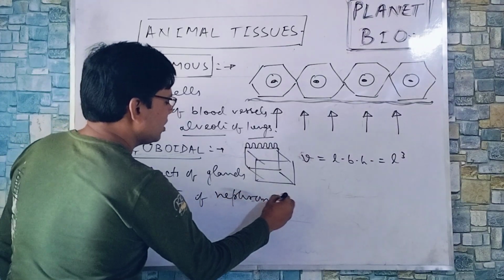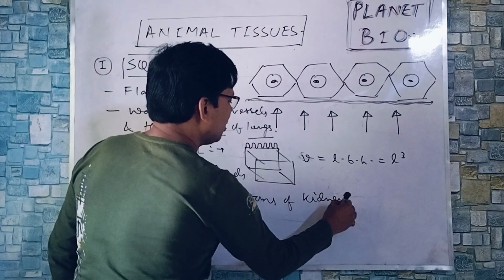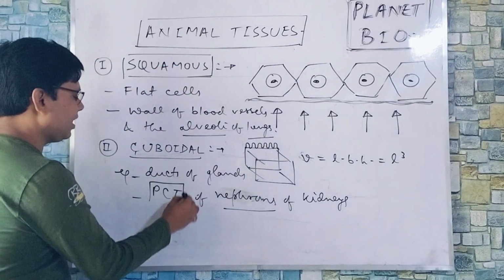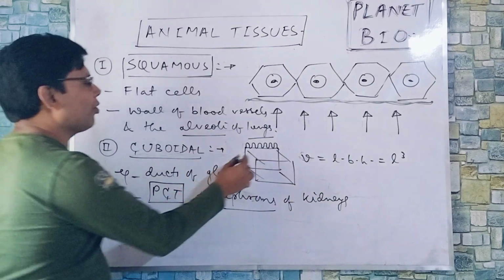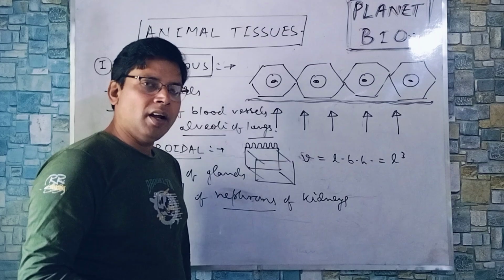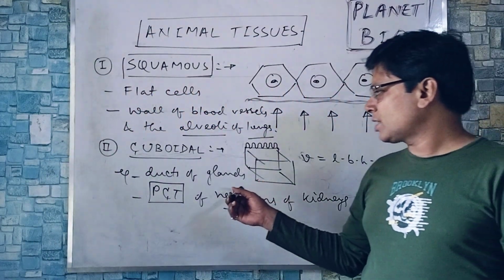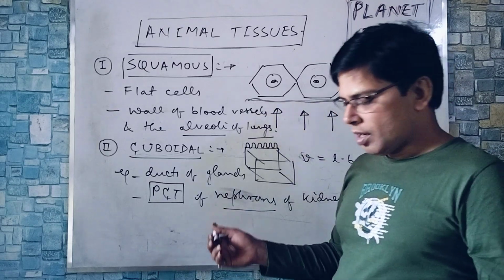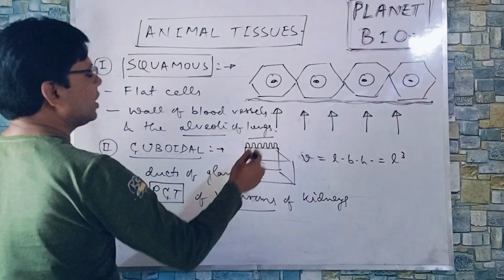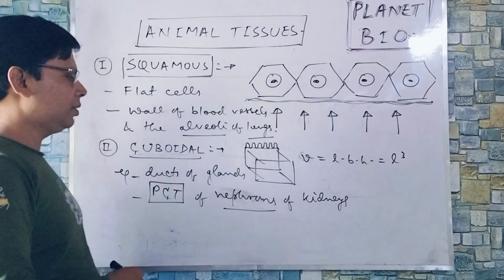Kidney is the osmoregulatory and excretory organ, and the units are nephrons or uriniferous tubules, and in that you can find proximal convoluted tubule provided with microvilli, huge number of microvilli and huge number of mitochondria. So this area exhibits absorption. Okay, so brush bordered absorptive epithelium, cuboidal epithelium.